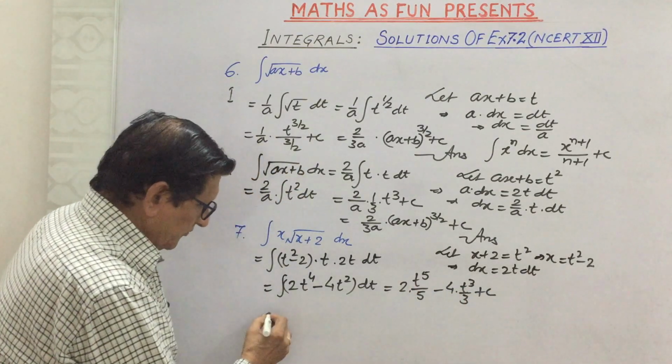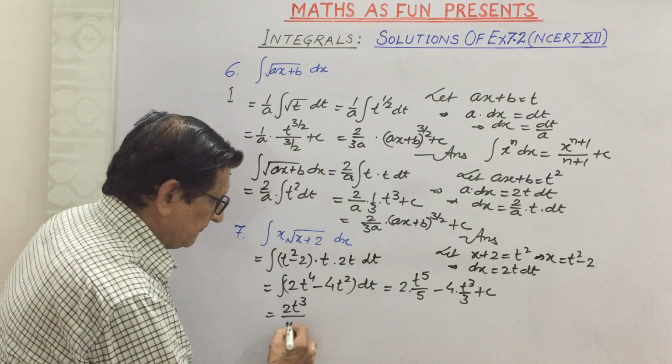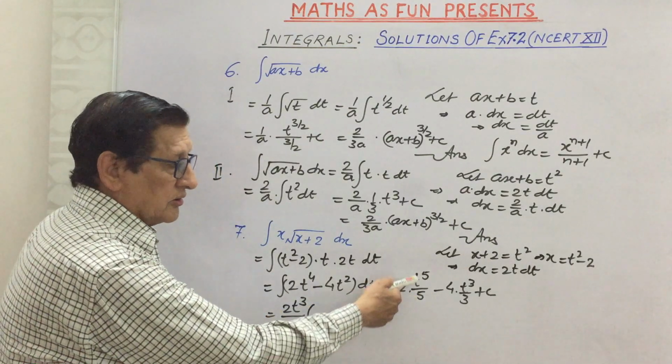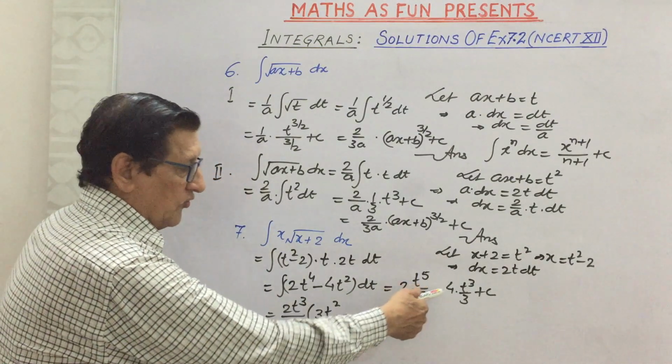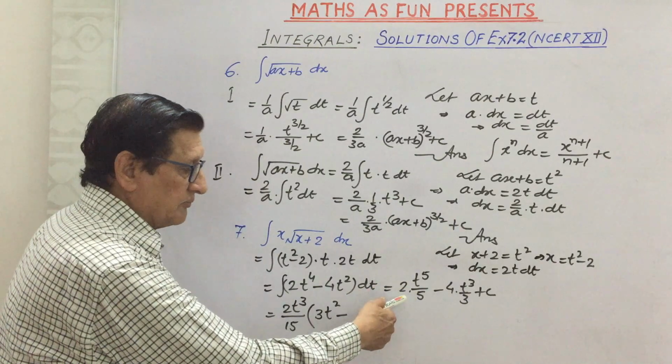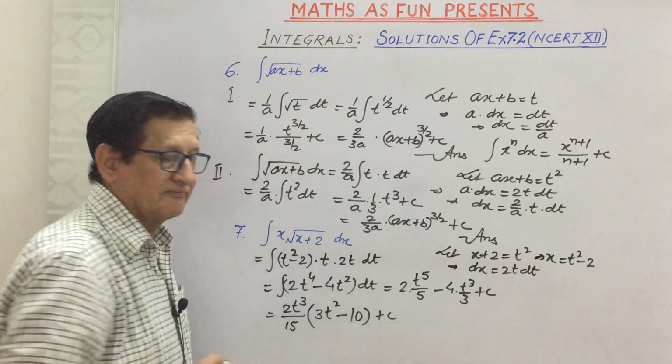Taking 2t cube common here and 15 as the LCM, we are getting here 3t square minus 4 into 5 divided by 2, that will be 10 plus c.